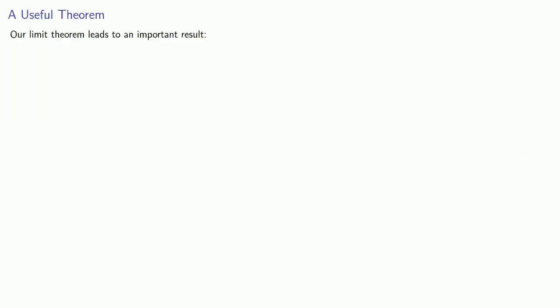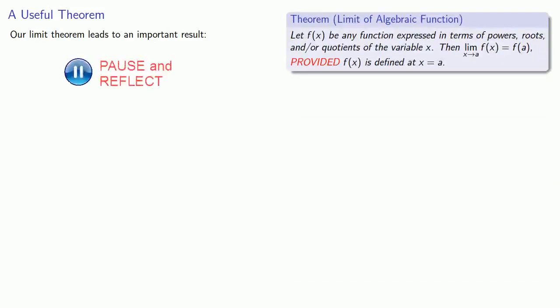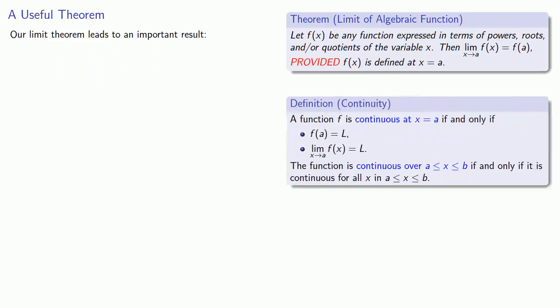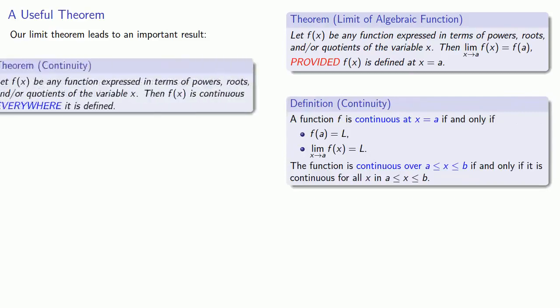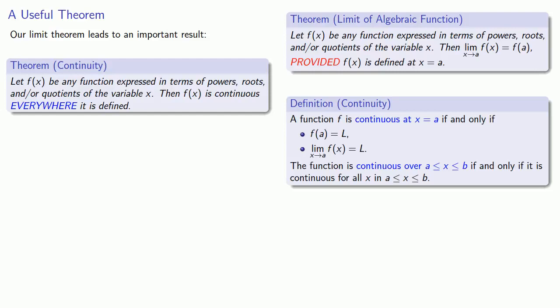Now previously we had established a theorem about the limits of algebraic functions. And this theorem, combined with our definition of continuity, leads to an extremely important result. Let f of x be any function expressed in terms of powers, roots, and or quotients of our variable x.